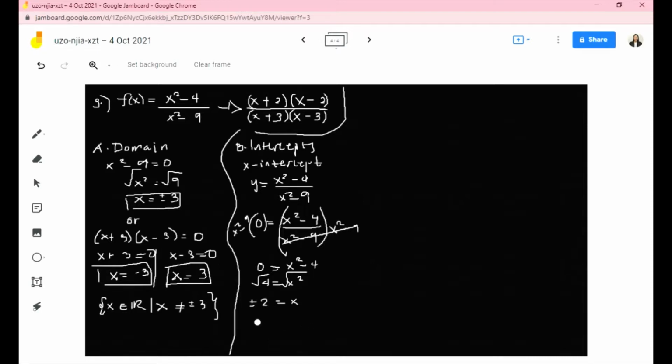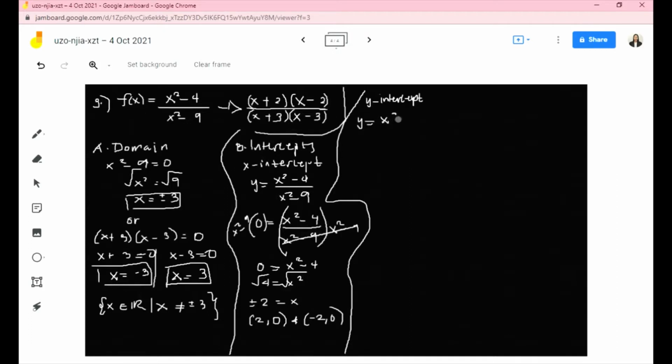Now, your x-intercepts will be (2, 0) and (negative 2, 0). Now, let's proceed to our y-intercept. Change f of x to y. Y is equal to x squared minus 4 all over x squared minus 9. Substitute 0 to x.